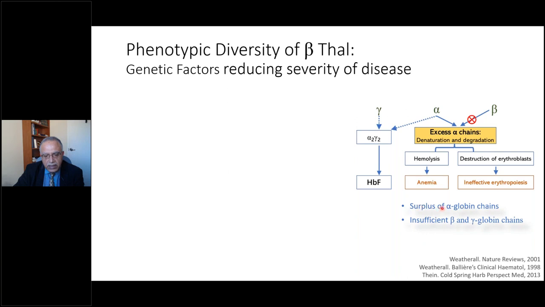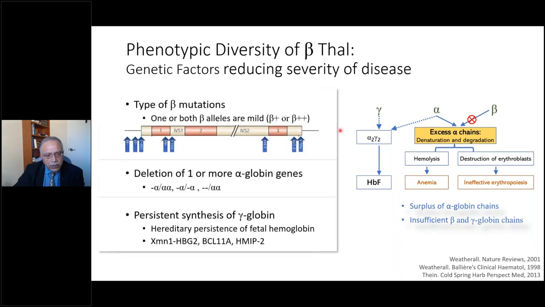So the issues that affect the severity are how much surplus of alpha globin chains there is, and the second issue is how much beta globin chain is available. Within this framework, we can see that there are three things that affect the severity of disease. First is the type of beta mutation.